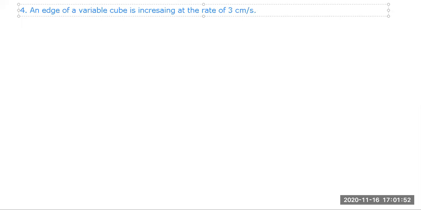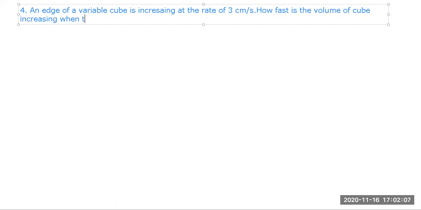How fast is the volume of the cube increasing when the edge is 10 centimeters long? So this is the question.